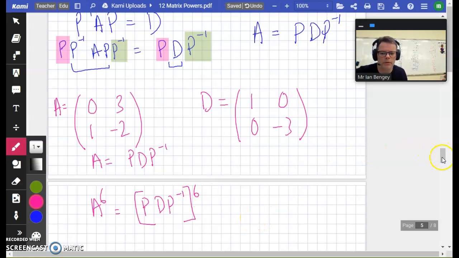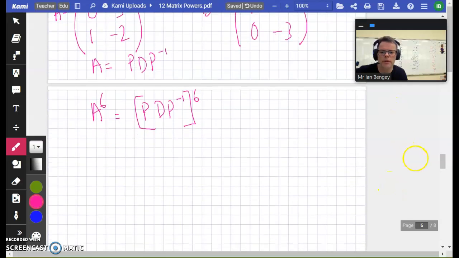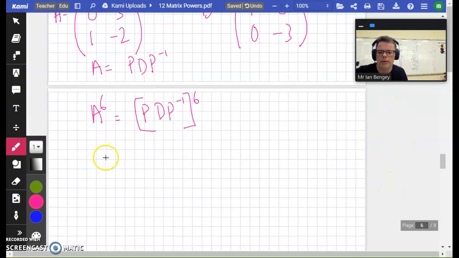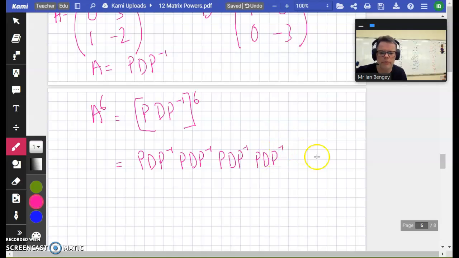If we consider what that would look like, that would look like P, D, P inverse times P, D, P inverse, and so on, six times. Obviously, you wouldn't normally do this, but I'm doing it to make a point.